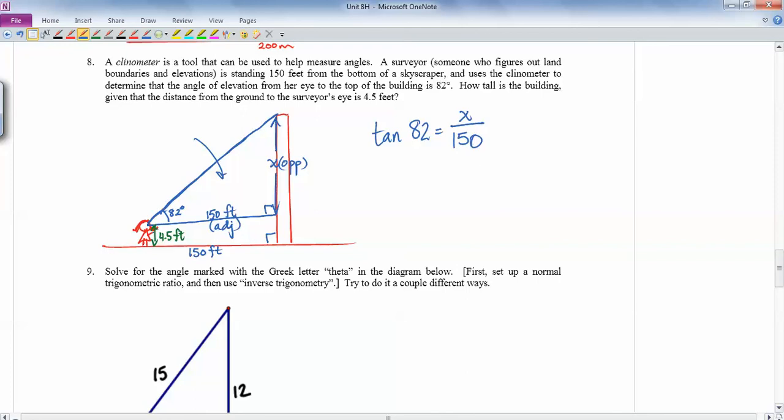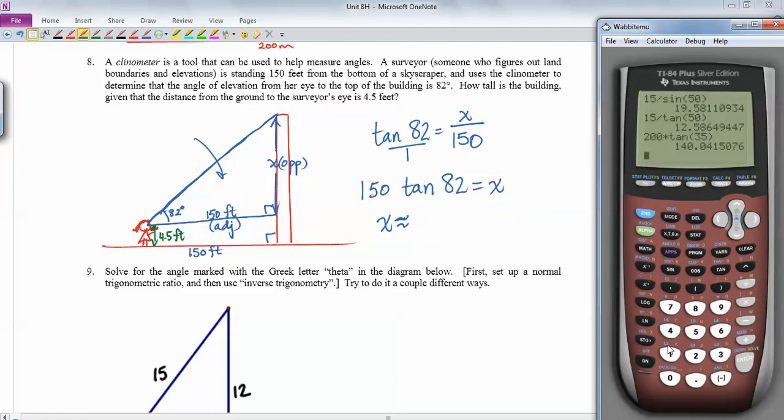And then if I put that over 1 and cross multiply, I get 150 times tan 82 equals x. And then if I work that out, I'll get x is about 1,067.305 feet.